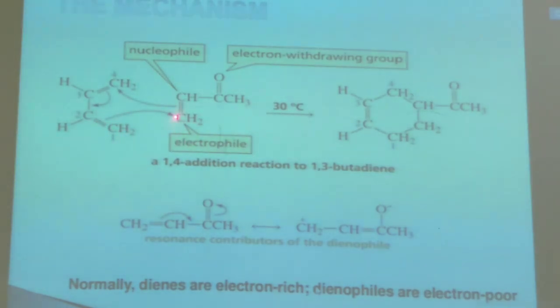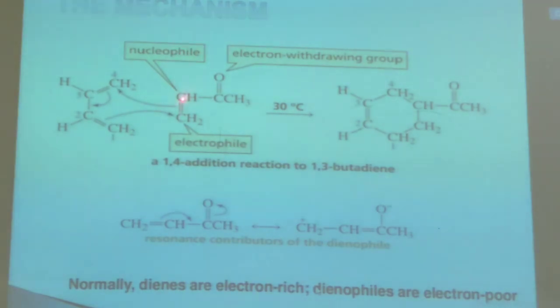When it combines with unsaturated ketone, the pi electrons will move between the carbonyl carbon and the second carbon, and the carbonyl oxygen's pi electrons will move towards oxygen. Ultimately in the second step, the nucleophilic oxygen's electrons will move towards the carbonyl carbon, and the pi electrons will move towards the second carbon, which becomes electron rich, and the other becomes electron deficient.